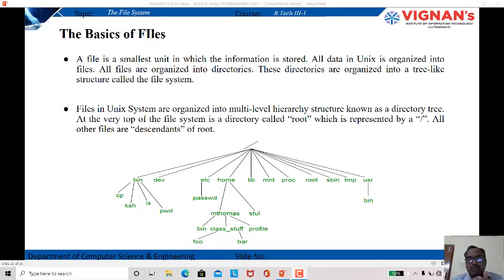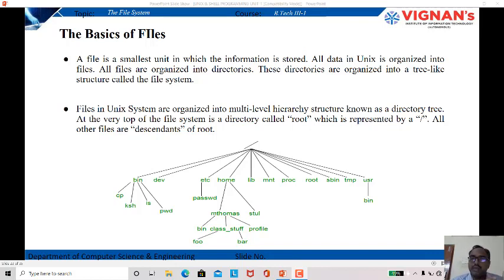Simply, the information is organized into files. All these files can again be organized into directories. These directories are again organized into one specific tree-like structure known as the file system.